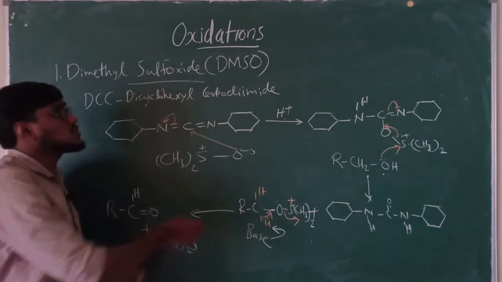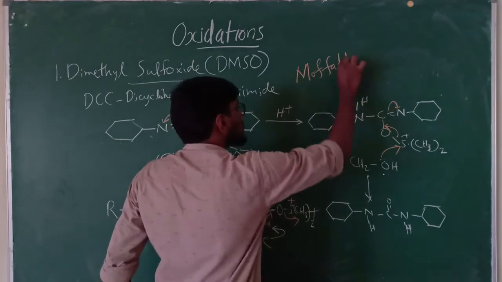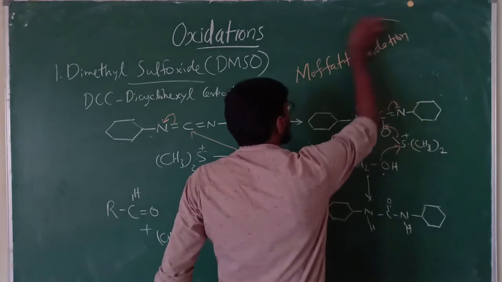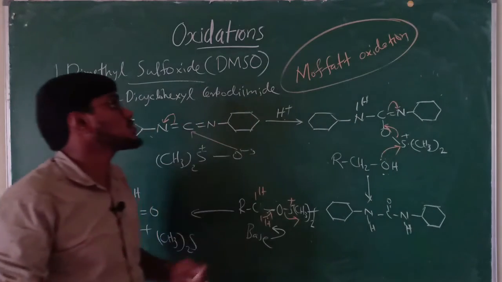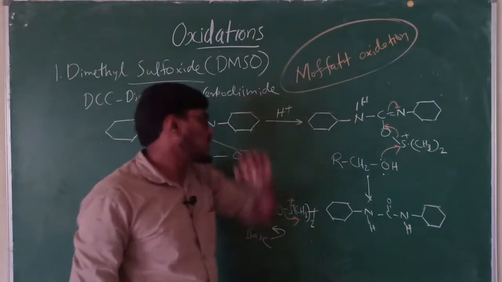This reaction is known as Moffatt oxidation. The oxidation of alcohols using DMSO and DCC is known as Moffatt oxidation reactions.